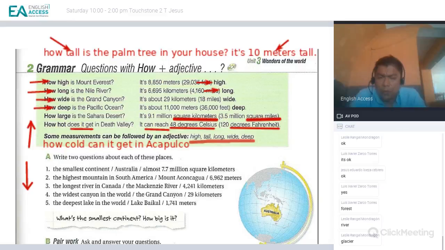Does it get cold in Acapulco? No, right? So we can't talk about Acapulco being cold. We can say Puebla, because Puebla gets cold. How cold can it get in Puebla? And then we can answer it.